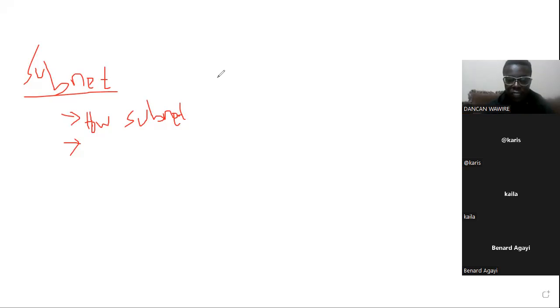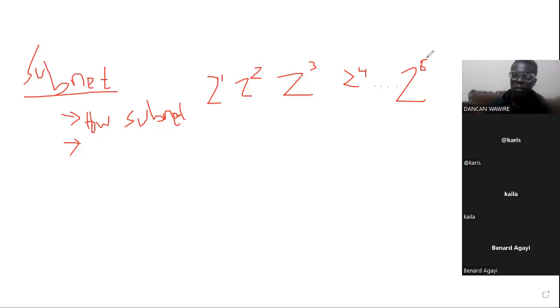Subnets are usually in powers of 2. That is 2 power 1, 2 power 2, 2 power 3, 2 power 4, and so on, 2 power 5, 2 power 6, 2 power 7.